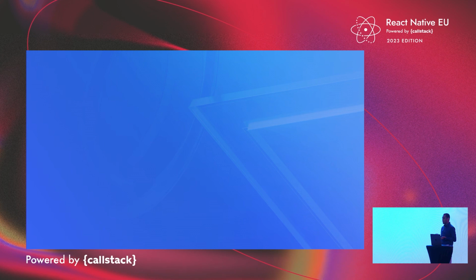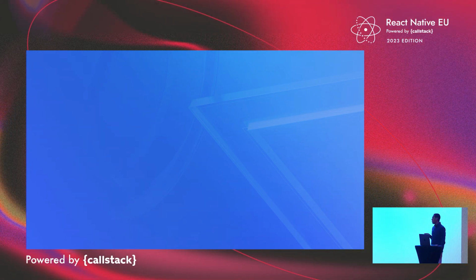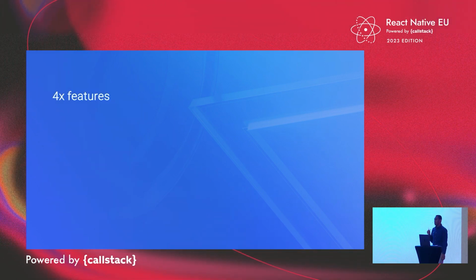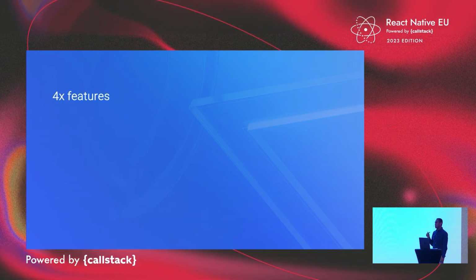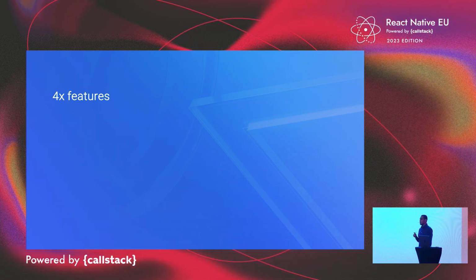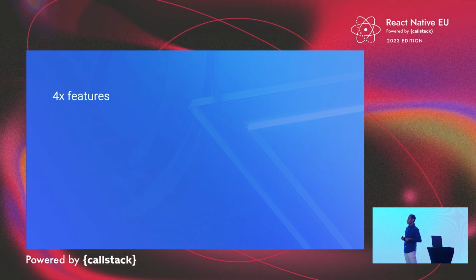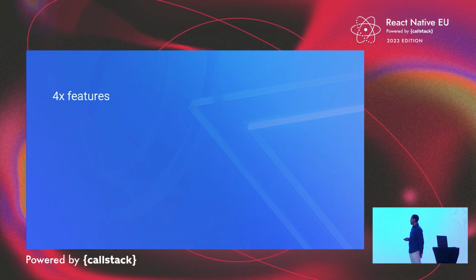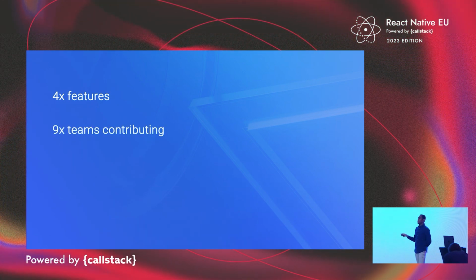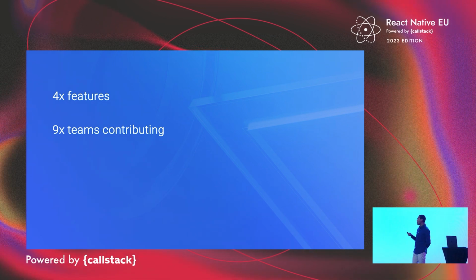For today's agenda, I would like to focus on four key things that we were able to achieve. One is that we were able to scale the app so that we could have 4 times the features that we used to have in one of the previous versions of the PlayStation app. We were also able to scale the teams contributing at the same time by a factor of 9 times.